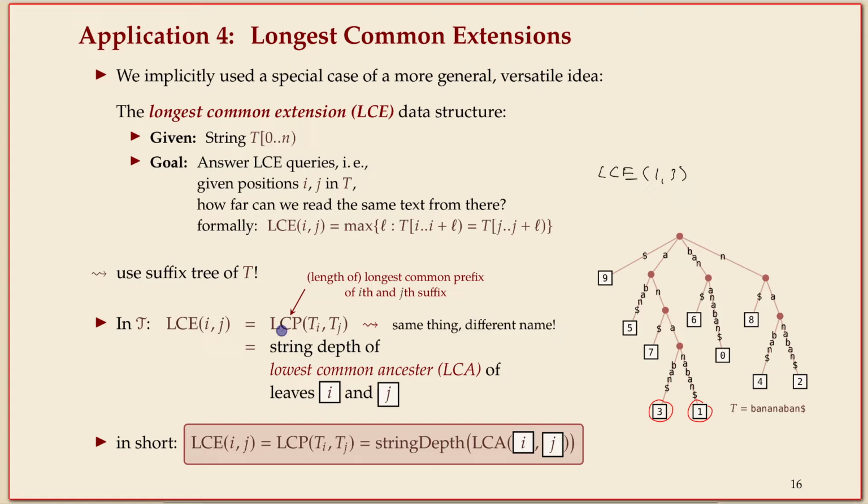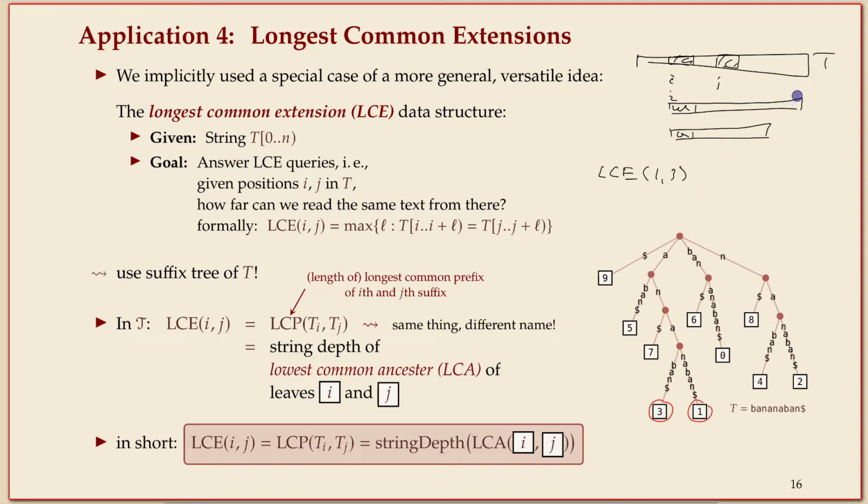The longest common extension is nothing else than the longest common prefix of the suffixes starting at these positions. Complicated way to say something simple. So here's the text, positions i and j, and I ask how much can I read at these positions so that this matches. Another way to say that is I look at the suffix starting at i and the suffix starting at j, if I align those.